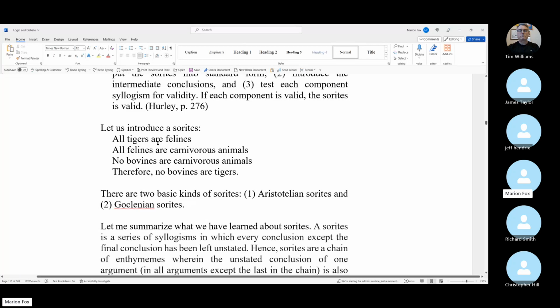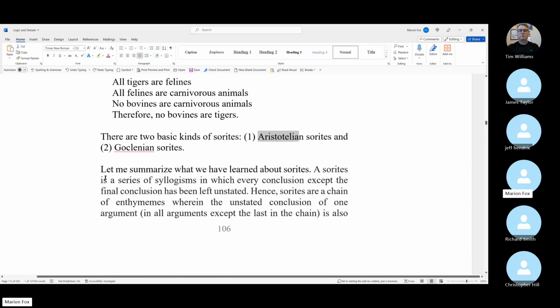Any questions? We have one right here that has a negative in it. There are two basic kinds of these: one designed by Aristotle, and then Goclenian. They are built differently, but they both are a series of syllogisms. Now, if you want to get into it more thoroughly, we're not going to go into this real thoroughly.